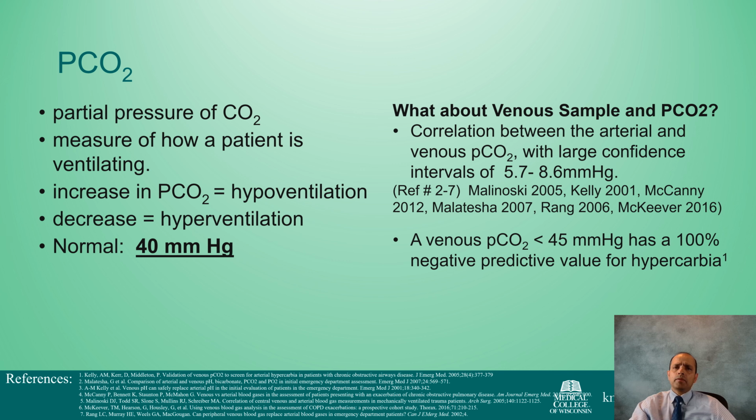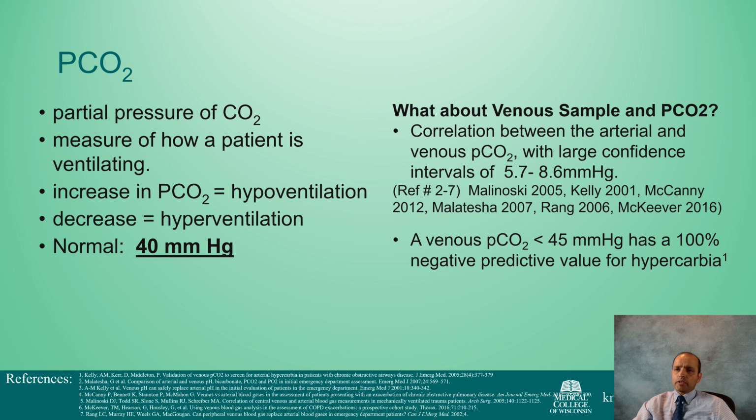So the normal number of PCO2 is 40. What about the venous sample and PCO2? There is a correlation between arterial and venous PCO2. But that has a larger confidence interval, from 5.7 to 8.6, based upon different studies that you can see there.